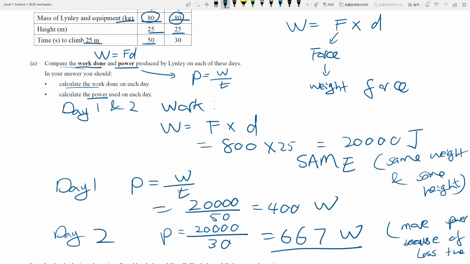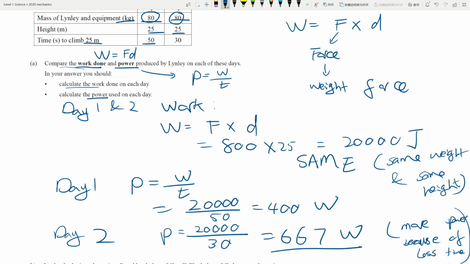I'll use an example where everyone understands. Imagine a year 11 science class, and we want to find out who's the strongest person in the class. We just do press-ups. Student A does 10 press-ups, and we time how long it takes. Student B happens to have exactly the same mass, and also does 10 press-ups, and we time them.